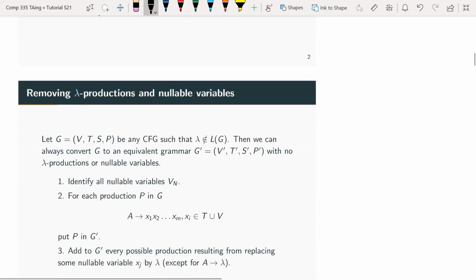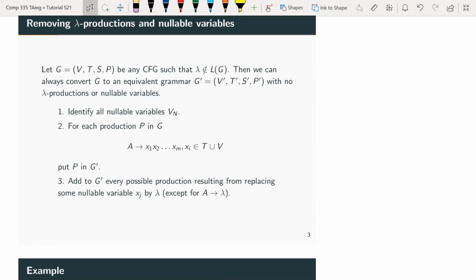And so the idea is we're given a grammar G. This grammar must obviously not contain lambda, because if it does contain lambda, then it's impossible to remove all lambda productions. So we're given a grammar G such that the language generated by G does not contain lambda. Then we can always convert that grammar G to an equivalent grammar G prime that has no lambda productions and no nullable variables.